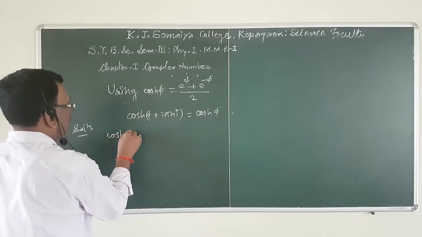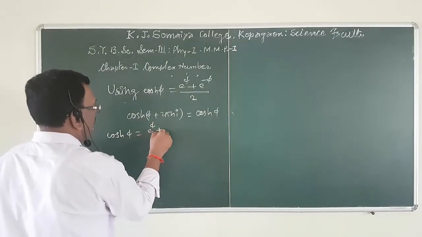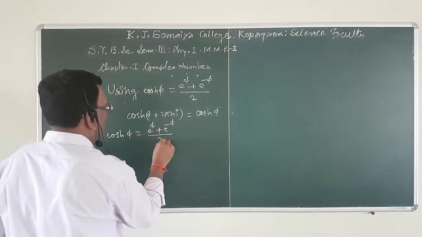Cos phi is equal to e raised to phi plus e raised to minus phi upon 2.